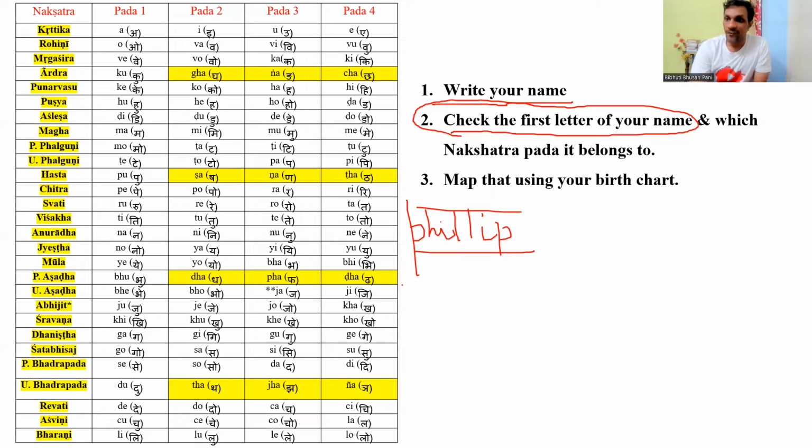So Philip, the start letter is F. You need to find in the nakshatra pada where the F is. Then you need to know which nakshatra pada it belongs to.